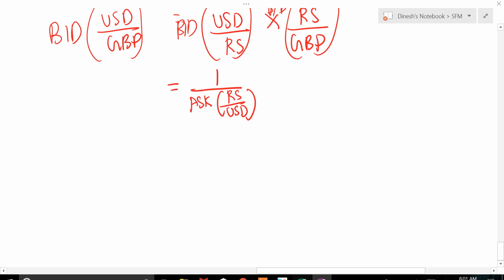Do you have rupee per GBP? Yes. Tell me the bid value. 82.50. What is ask? 52.70.